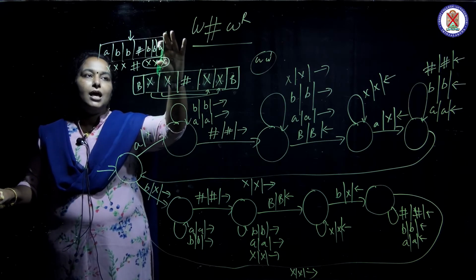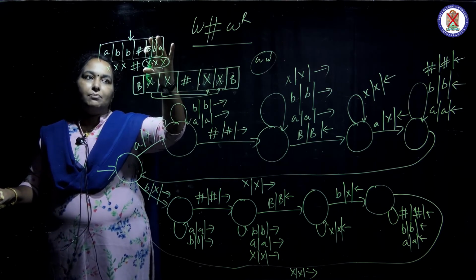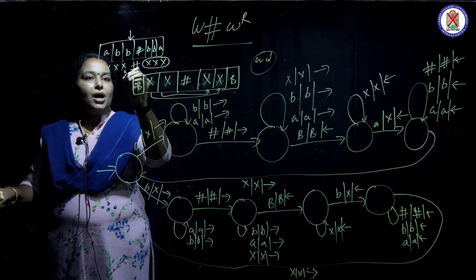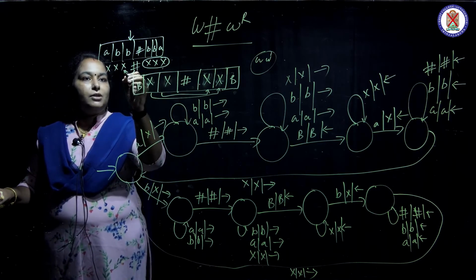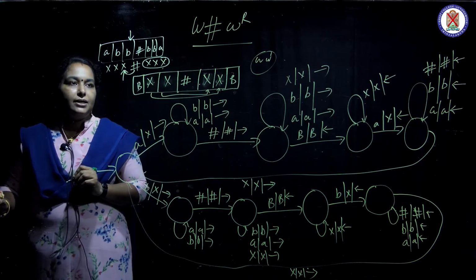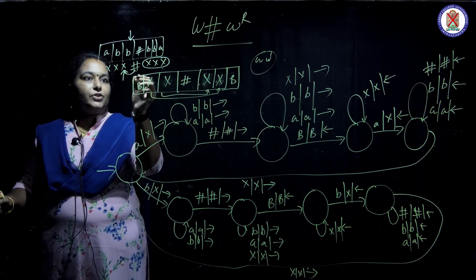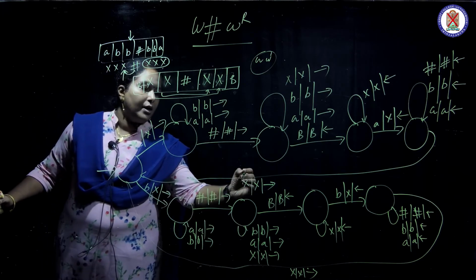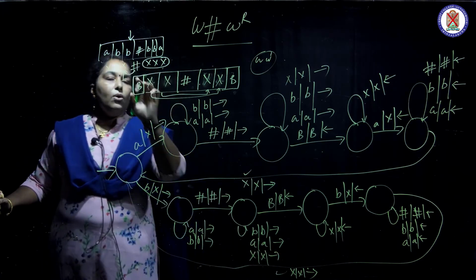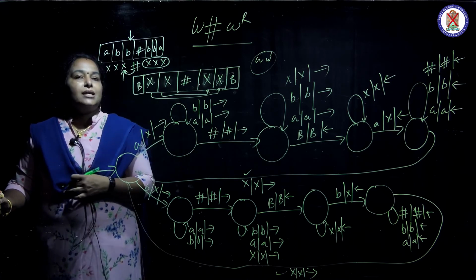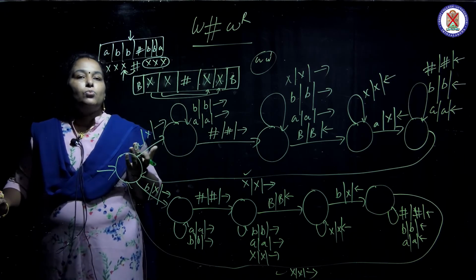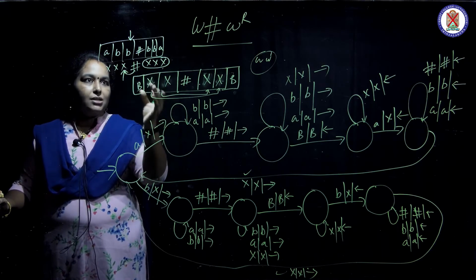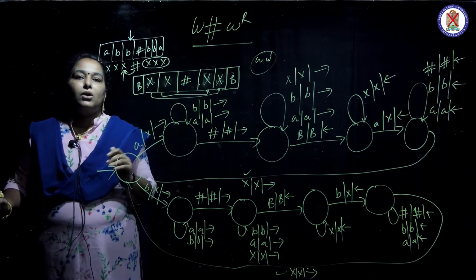Once again I say, if the expression is correctly matched, the pointer will be sitting before hash. Before hash we are checking for hash, and after that we are looking for X, isn't it? So before hash, the first X will be where the pointer is residing.